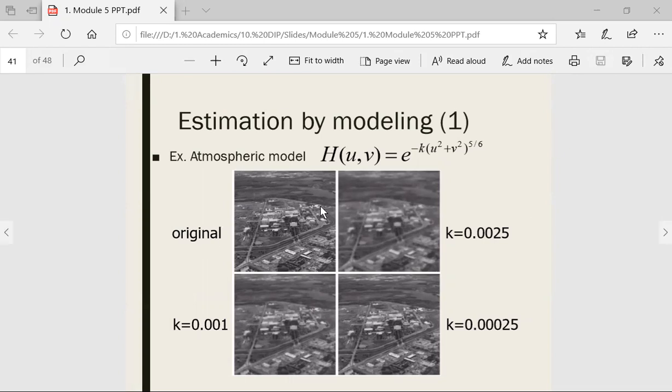This is one model, h of u comma v, which you can call e to the power of minus k, a constant value, times u square plus v square to the power of any value, 1, 2, 3, 5, any value you can keep. This is the original image, this is the degraded image. The lower the value, the higher the information you get.